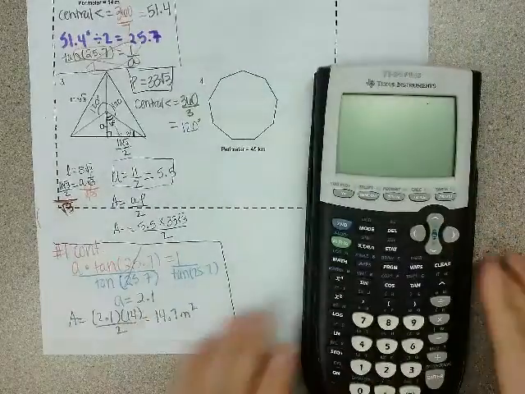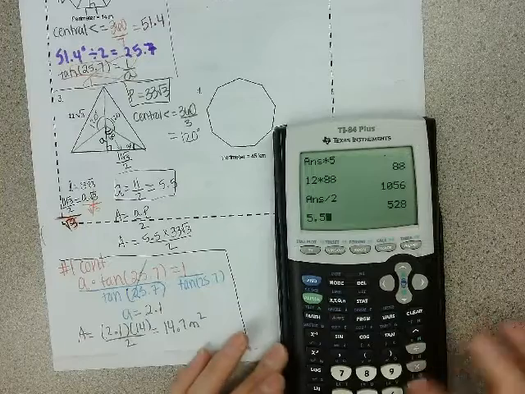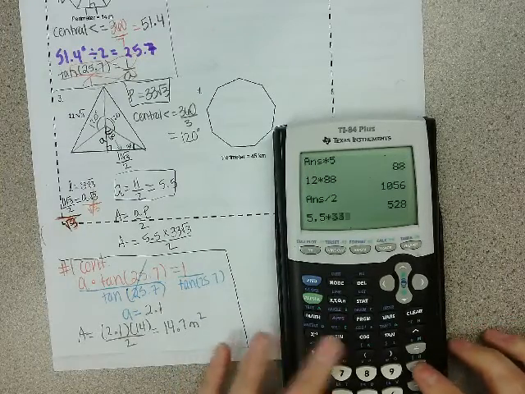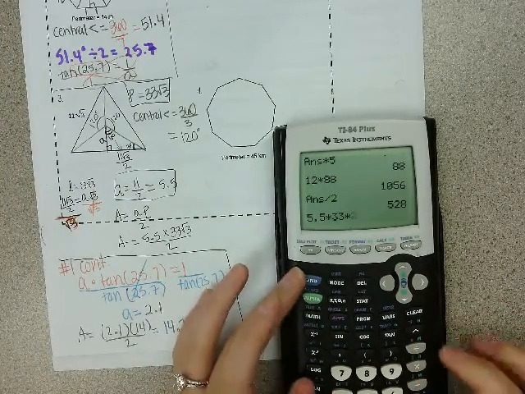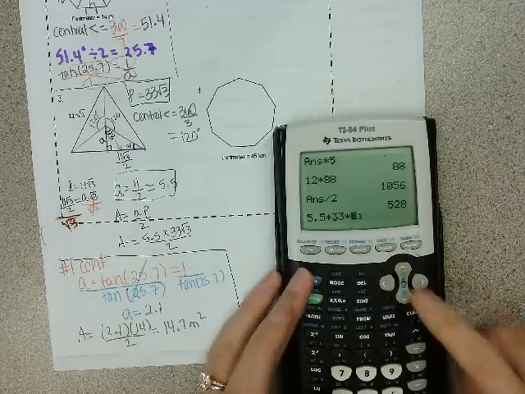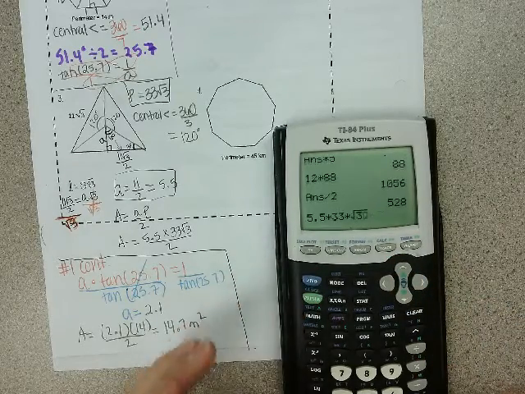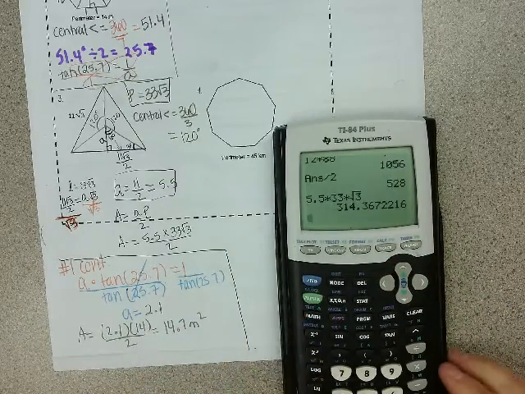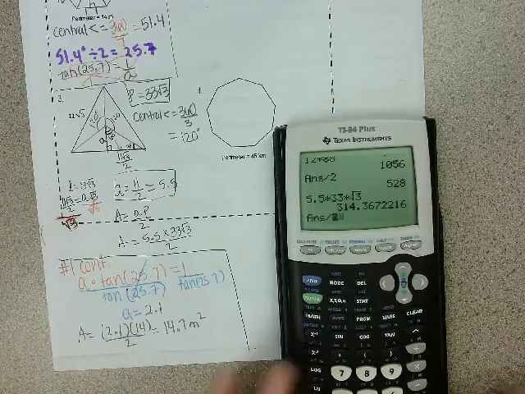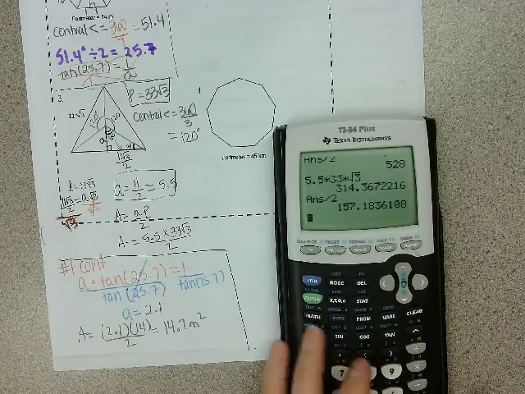All right. So 5.5 times 33 times root 3. Okay, and then I divide that by 2. So I get 157.2.